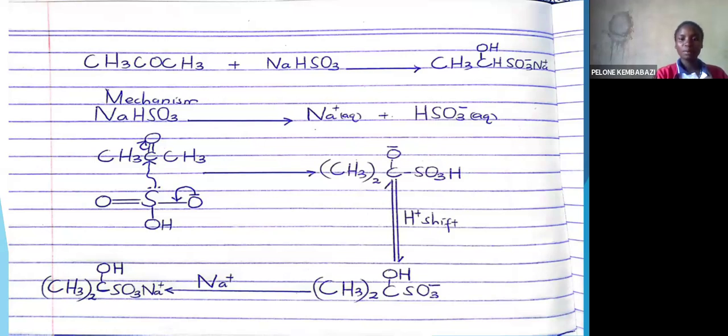So, for example, assume this reaction that I'm having here. This is propanone reacting with sodium hydrogen sulfide. Assume the examiner has asked you to describe the reaction between propanone and sodium hydrogen sulfide.